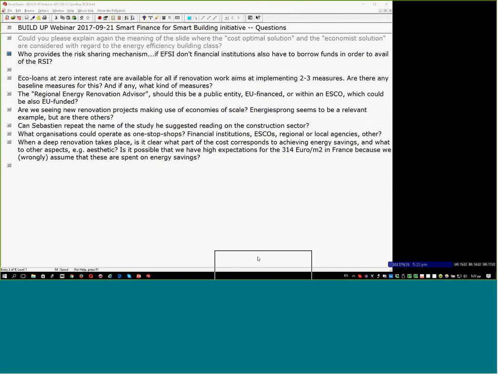Then, as regards who is going to provide the guarantee, that's a good question, and that's exactly where we would like to use in the best possible way existing EU funds, meaning structural funds. And so Yamina displayed the case for France, this one case out of 28 member states. In other member states, the structural funds are much more prominent, and member states have much more available for energy efficiency financing.